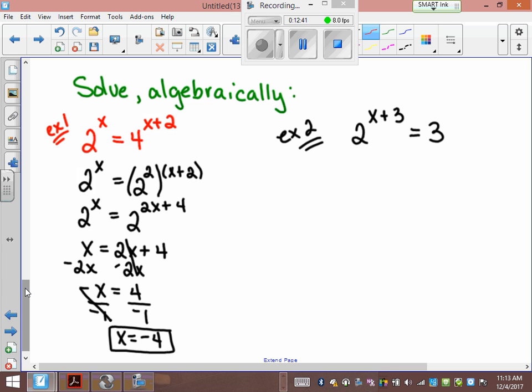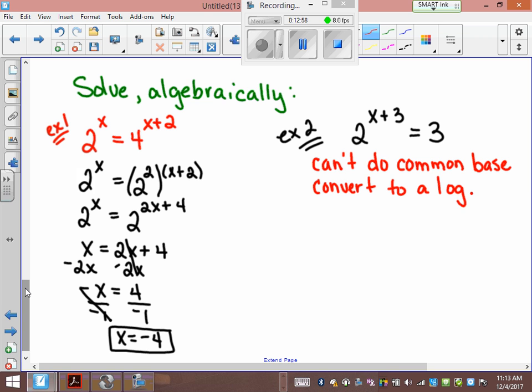So the moment that we can't do common base, I convert to a log. How do I convert to a log? Go to my formula sheet, pull the letters off my formula sheet, and do it. Okay?